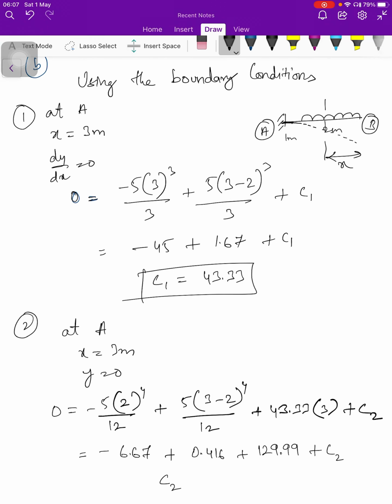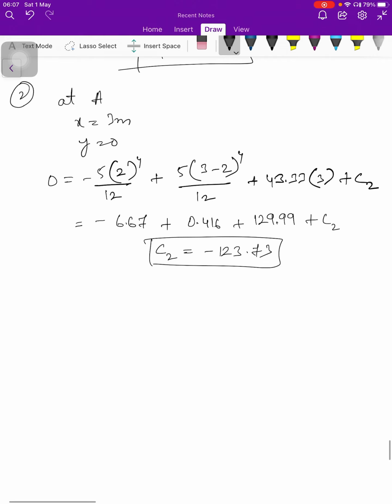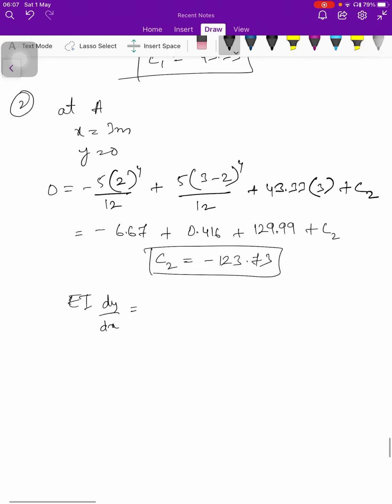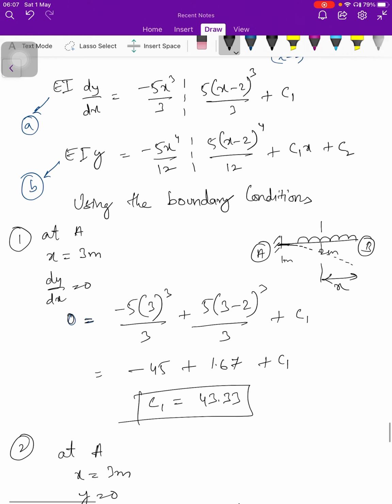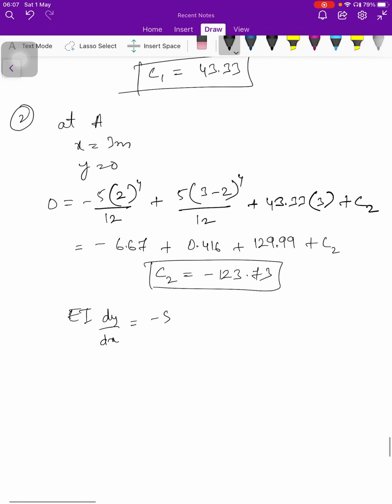Or C2 is equal to minus 123.73. So substitute this C1 and C2 back in equations A and B. So you have EI dy by dx is equal to minus 5x cube by 3 plus 5 into (x minus 2) whole cube by 3 plus 43.33.